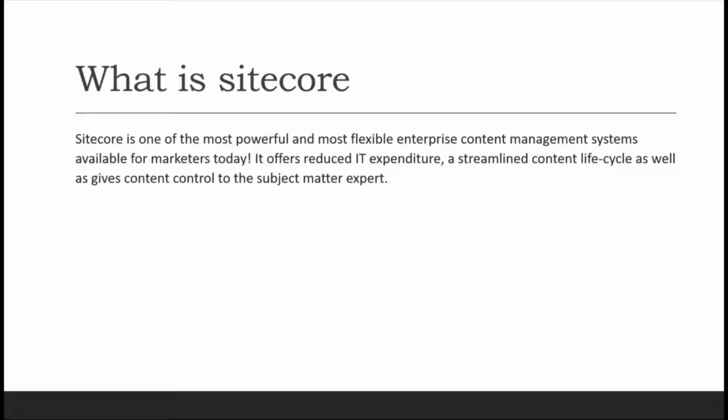Sitecore is basically a content management system for marketers. There are additional features as well, the content platform, that is the experience platform, which is for marketers to explore more regarding personalization and digital marketing.